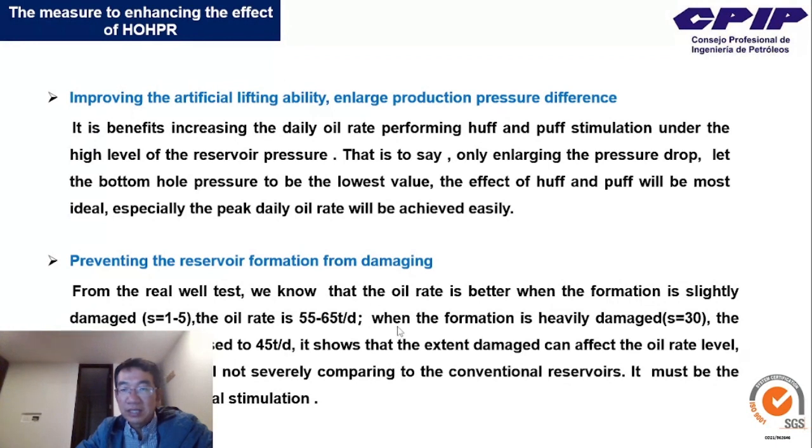When the formation is heavily damaged, the skin is almost 30, and the peak rate is decreased to 45 tons per day. It shows that the extent of damage can affect the oil rate level, but its effect is still not as severe compared to the conventional reservoirs. It must be the benefit of the thermal stimulation.